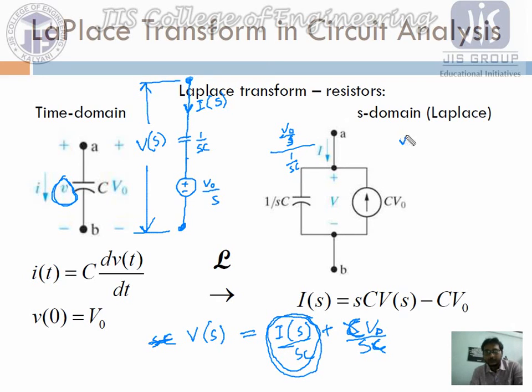The s cancels out, so only V0 C is the current source value. The same capacitance that was in series with the voltage source will now be in parallel with the current source, 1 by sC. The remaining circuit is the same.